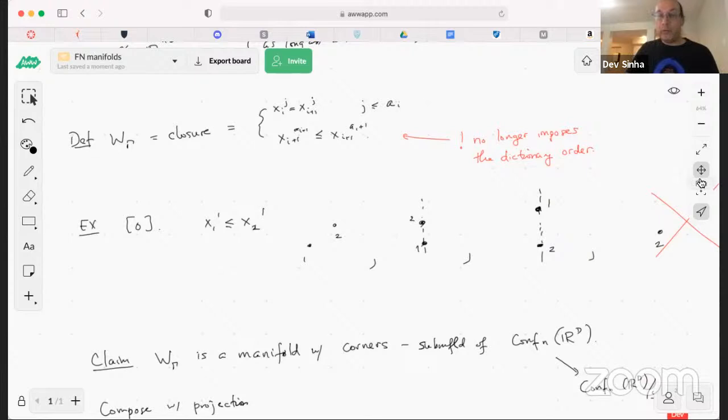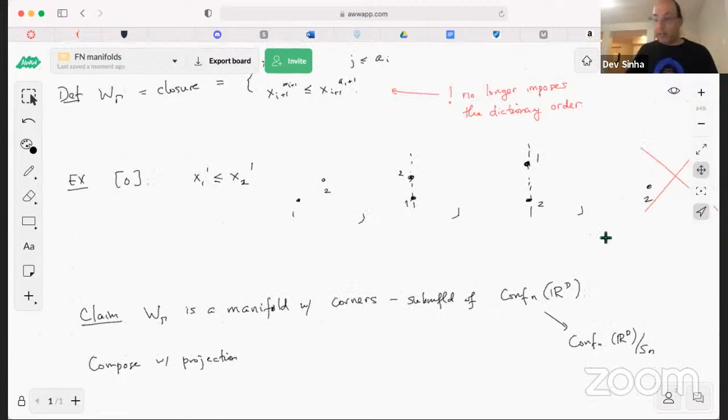If we compose with that projection, then we get a map that's no longer an inclusion. And again, I'll give you an example, the simplest example, in just a second. But this is going to be our reference map. I'll call that R gamma.